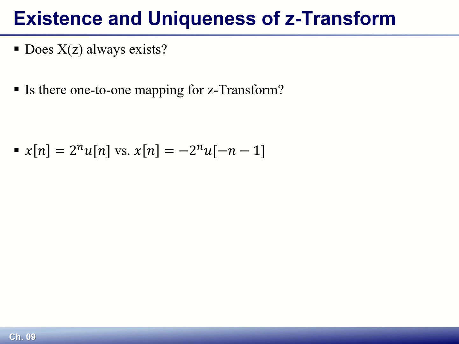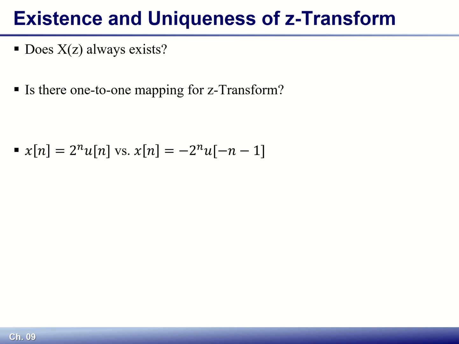That is the existence problem of the Z transform. If the Z transform exists, then is there a one-to-one mapping for the Z transform? That means is there a unique solution, regarding the uniqueness of the Z transform.